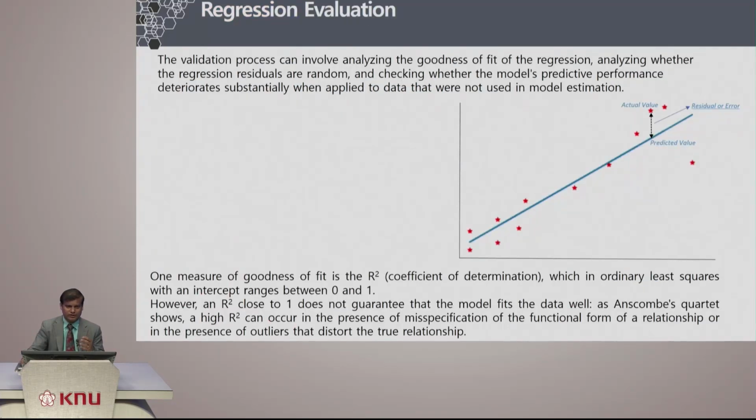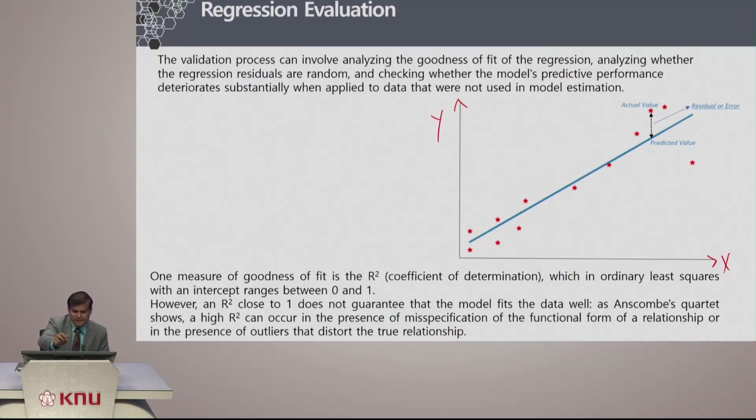When it comes to regression evaluation, the validation process can involve analyzing the goodness of fit. So you may have a spread of data points which are distributed along the x and y axis. Let's say you have such data points there.